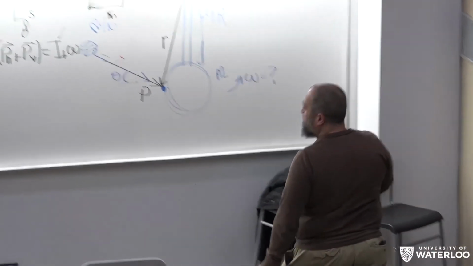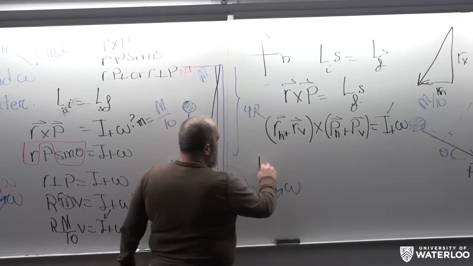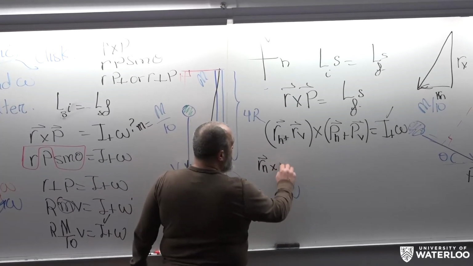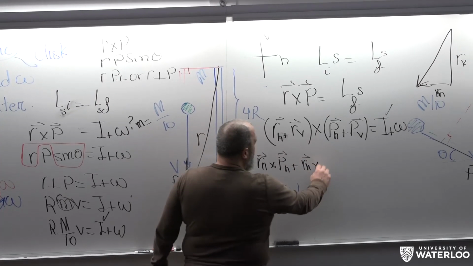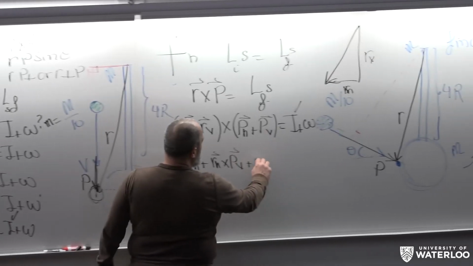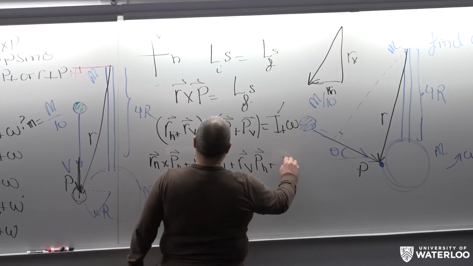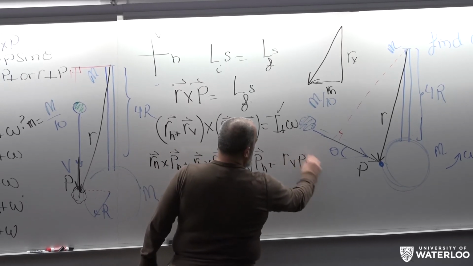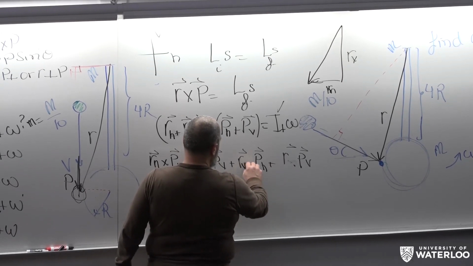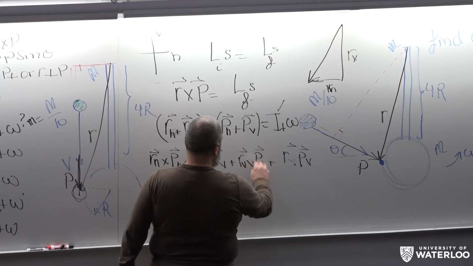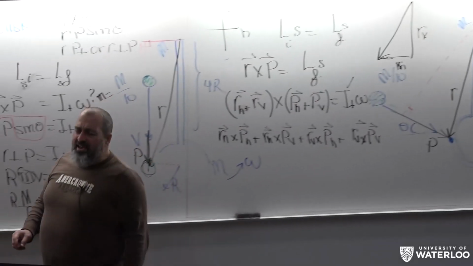All right, so folks, R horizontal cross P horizontal plus R horizontal cross P vertical plus the remaining cross terms. Okay, bear with me, please, guys.